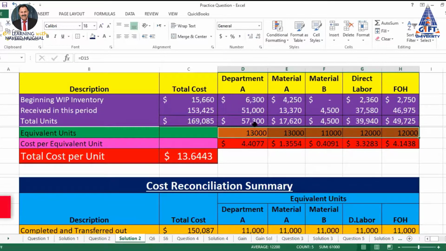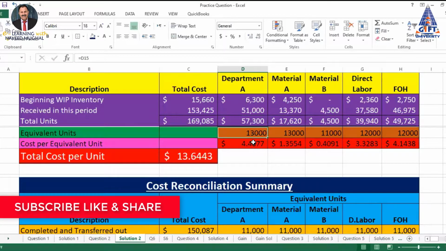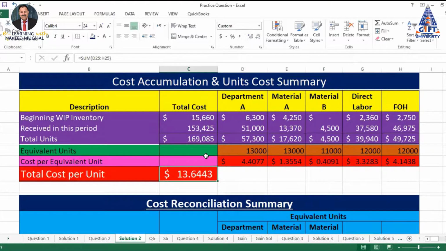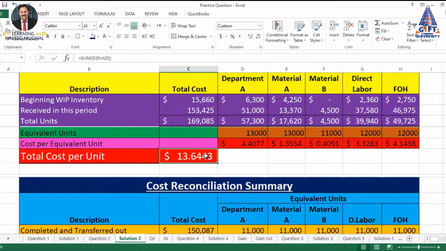When we divide the total cost by the equivalent units, we get the cost per equivalent unit of each cost element. The total of these cost elements is 13.6443, the cost of a completed unit in department B in the month of February, for which we are preparing the cost of production report.